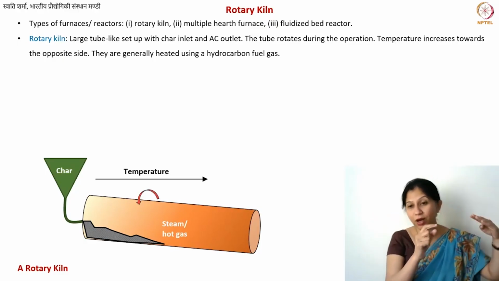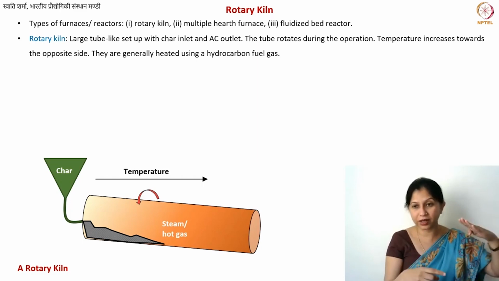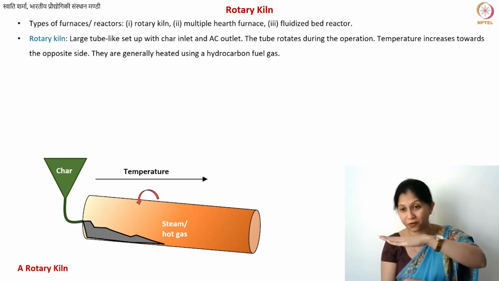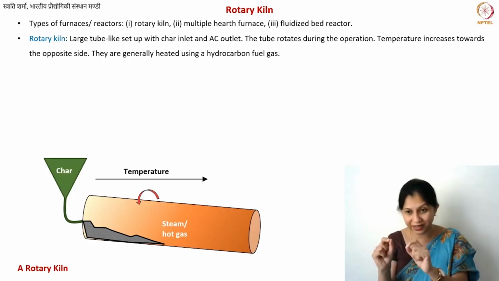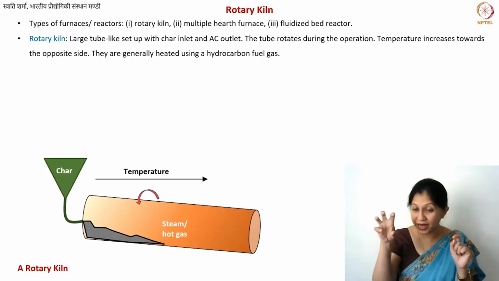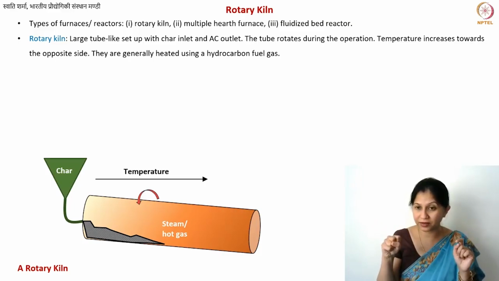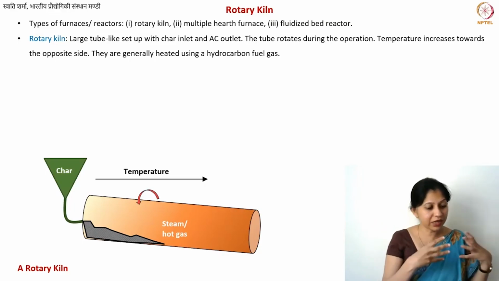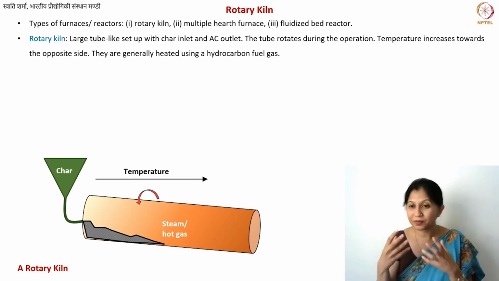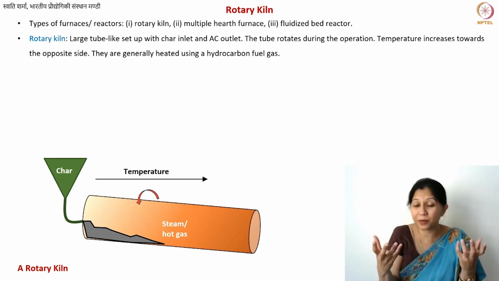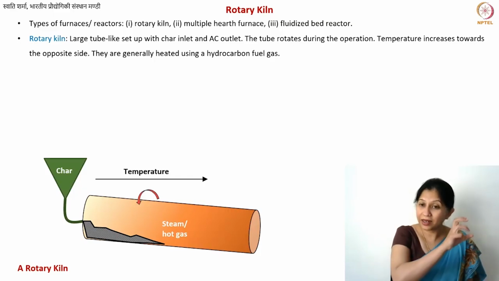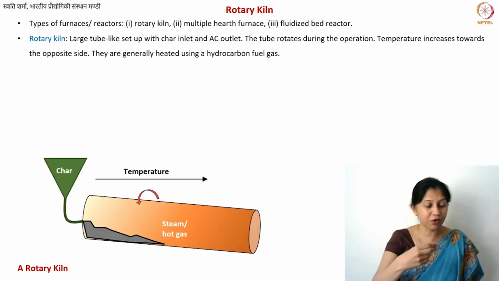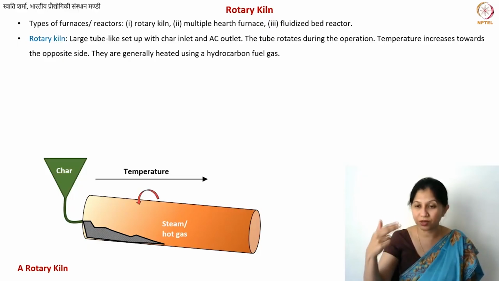You can see the arrow here: the more you go towards the end of the furnace, the temperature increases, because the heat source is at the end of the furnace. Again, why? So that your material slowly heats up. It does not immediately experience a very high temperature. It gradually experiences a higher temperature, and the impurities are gradually removed.